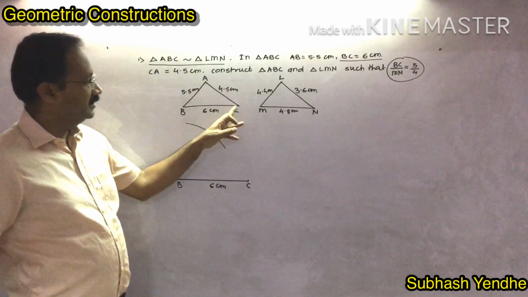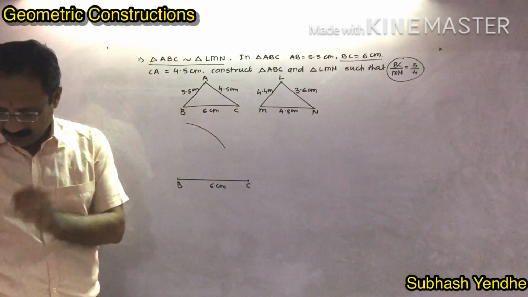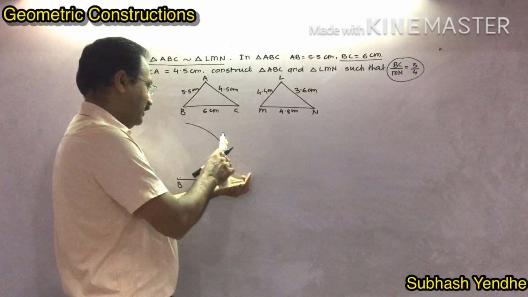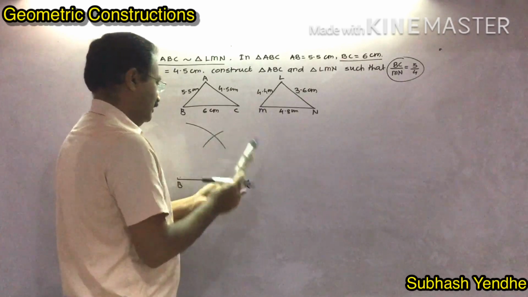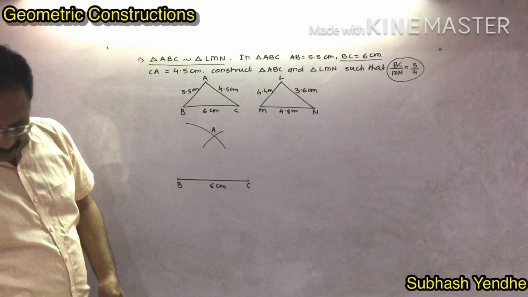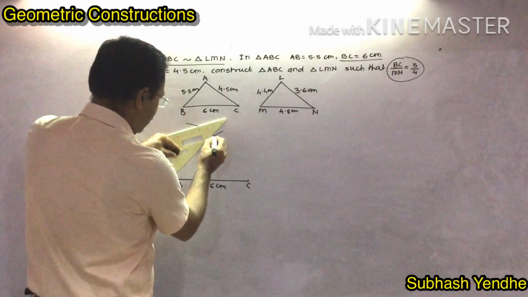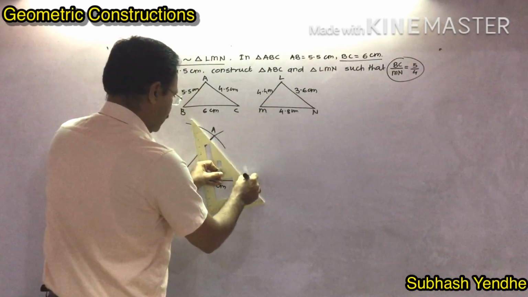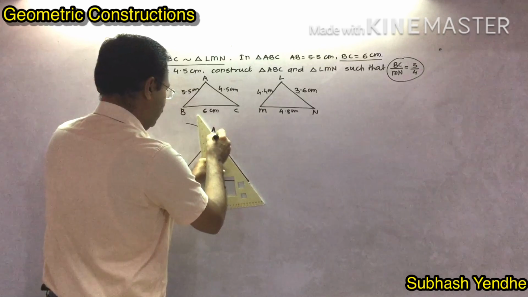Now we have to take 4.5, so take 4.5 and make the arc here. Now I will get the point A. Now join these, and you will get triangle ABC. There it is, the triangle ABC.